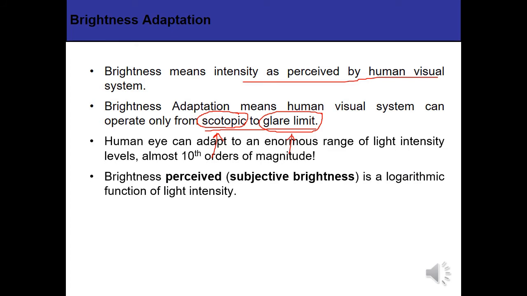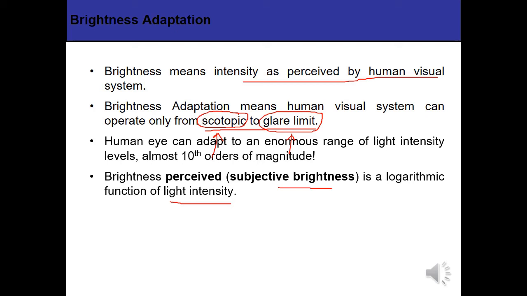The human eye can adapt to an enormous range of light intensity levels, almost of the order of 10 to the power of magnitude. Perceived brightness is subjective in nature, and in fact its variation is logarithmic as a function of light intensity.